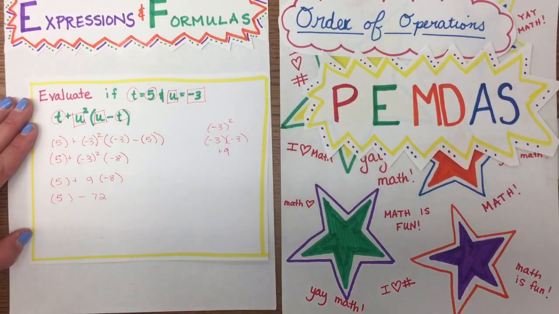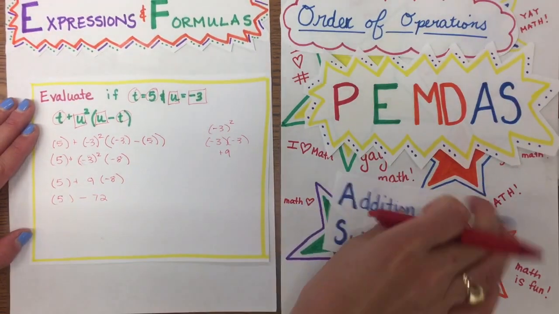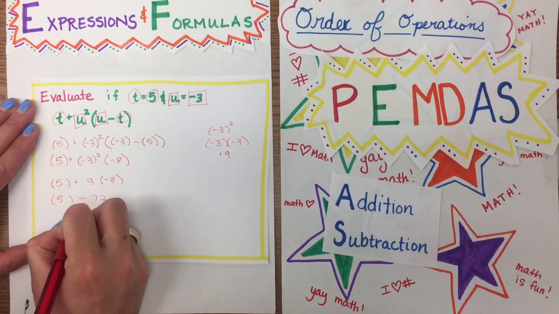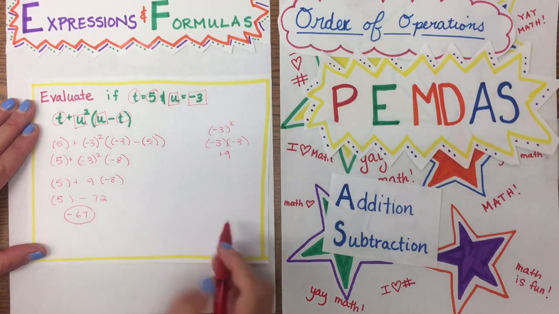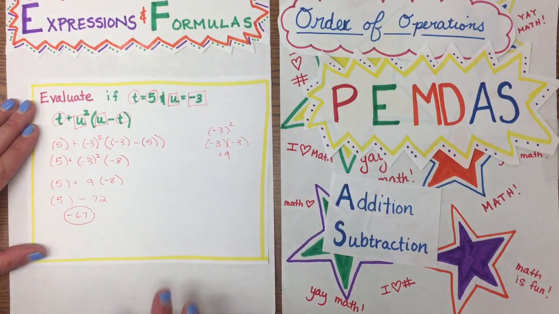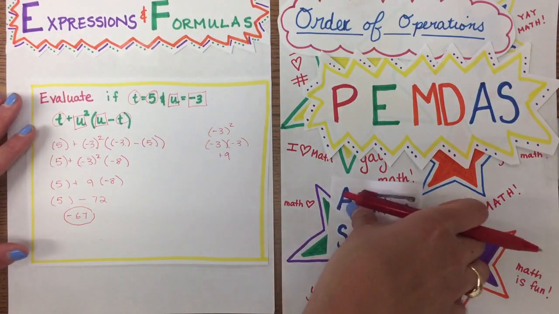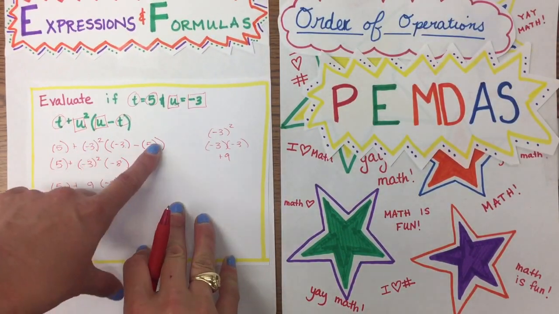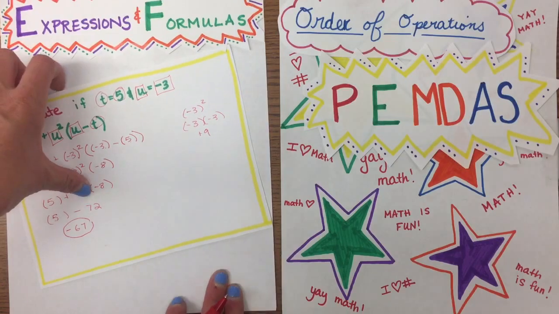There's no more multiplication or division, so I'll move on to addition and subtraction. 5 minus 72 is -67. So when I evaluate this expression for these values, I get -67. And my problem is complete. So I have substituted and simplified.